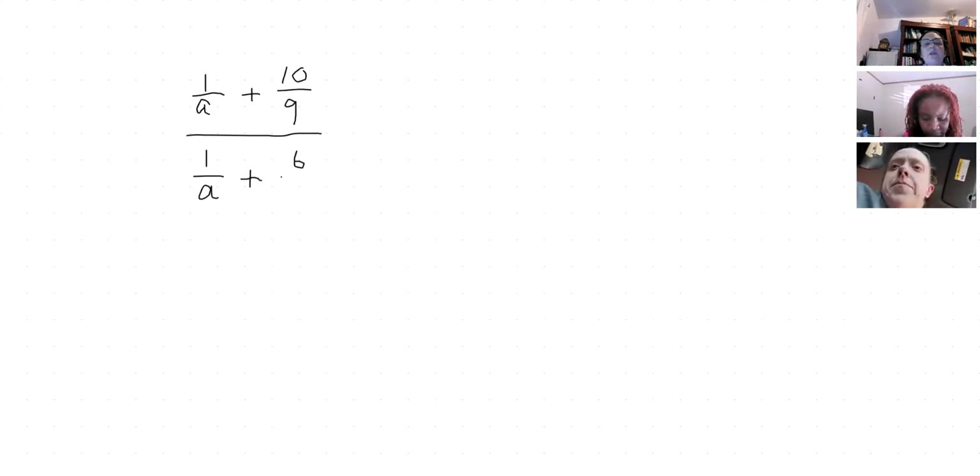So the first thing we'll do is we'll simplify the numerator. So I need a common denominator among the two fractions in that numerator. So my common denominator will be 9a. So I need to multiply this first fraction times 9 over 9, and we'll multiply the second fraction times a over a.